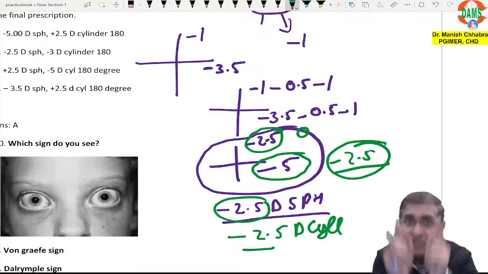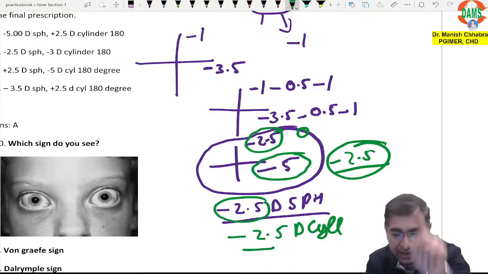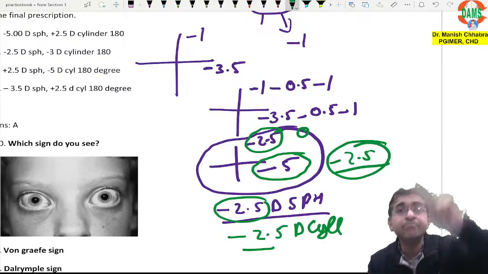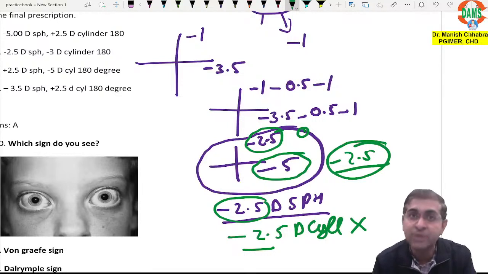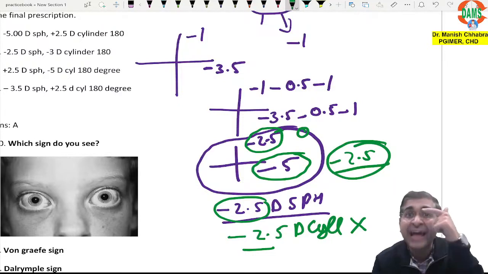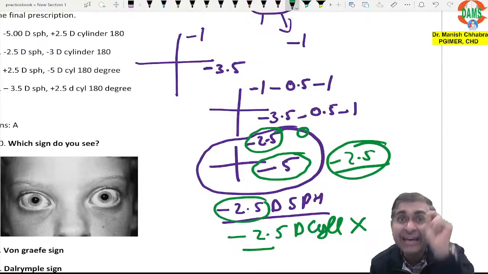So cylinders act only in one axis, while spheres act in both axes, right? Now I am going to prescribe -2.5 diopter cylinder. Mind you, if I place the cylinder at x-axis, it is going to act at y-axis, but here I need to give this power at x-axis.